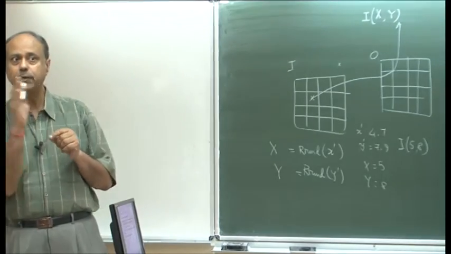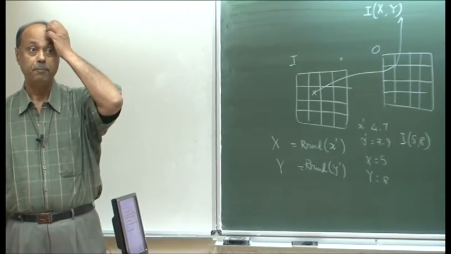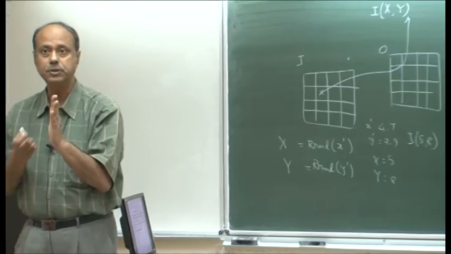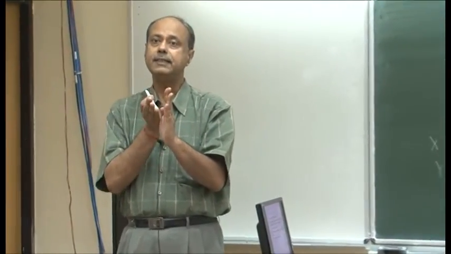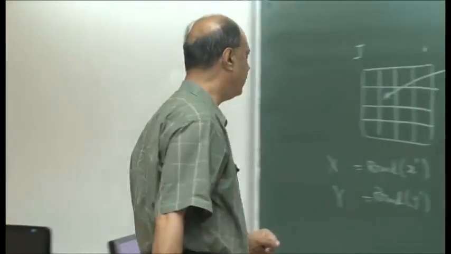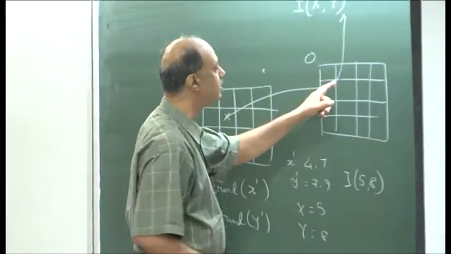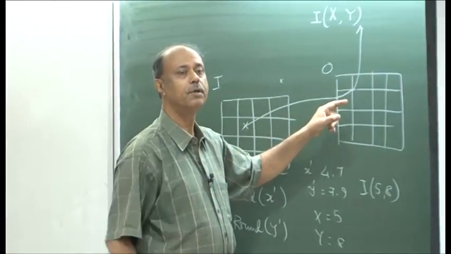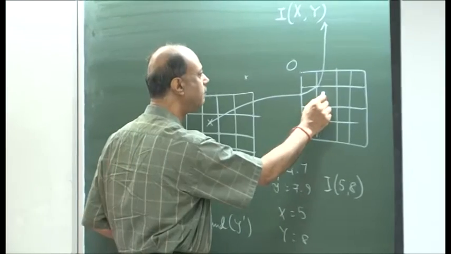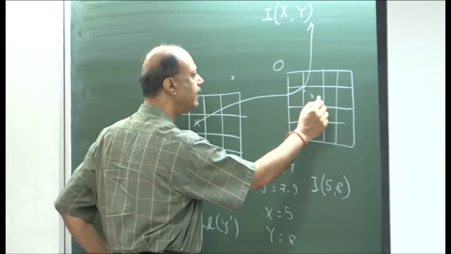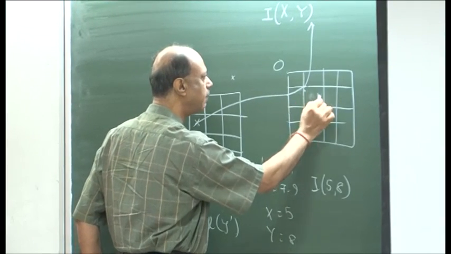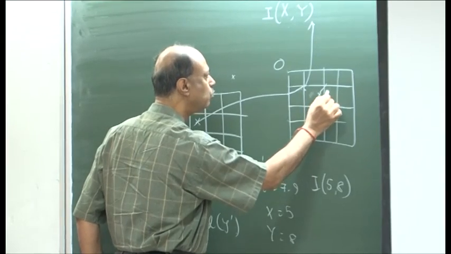Since you are using the nearest neighbor approach, there is a chance that a step-like boundary problem will be there. Why step-like? Because this will be mapped to this, and this one also will map to this.